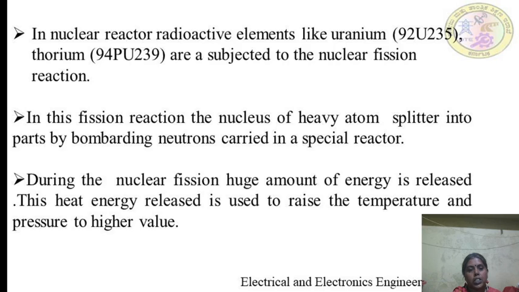These are used as fuel in the nuclear reactor. So by these fuels, a nuclear fission reaction takes place in the reactor. These three substances are also called radioactive elements.